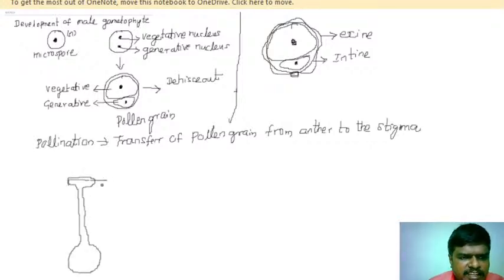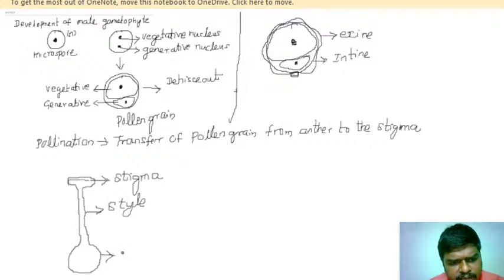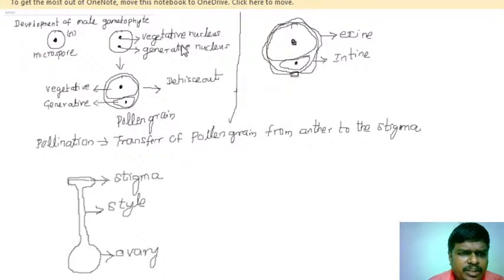This tip is called the stigma. In the pollination process, the pollen grains reach the stigma. That process is called pollination.